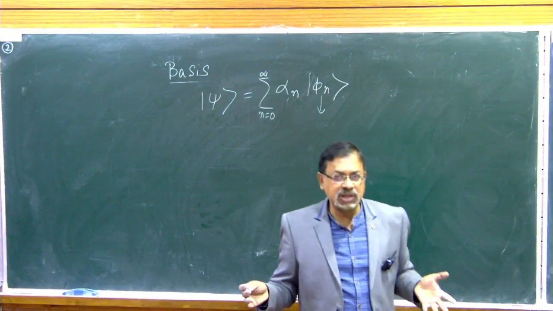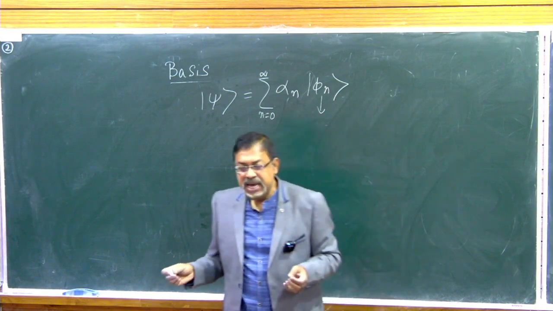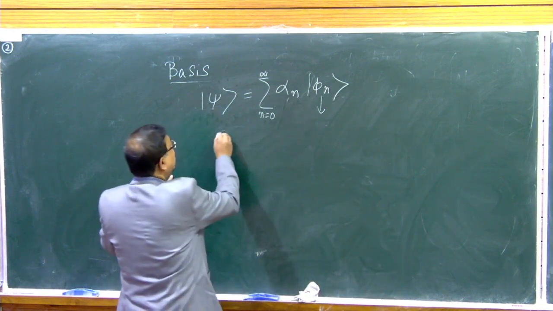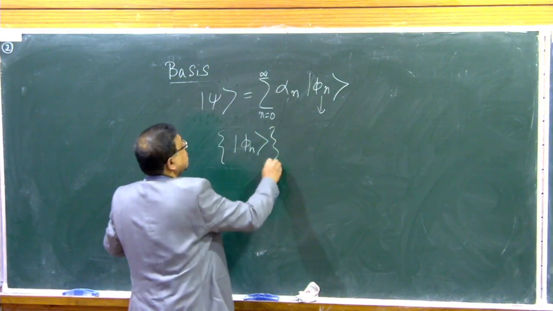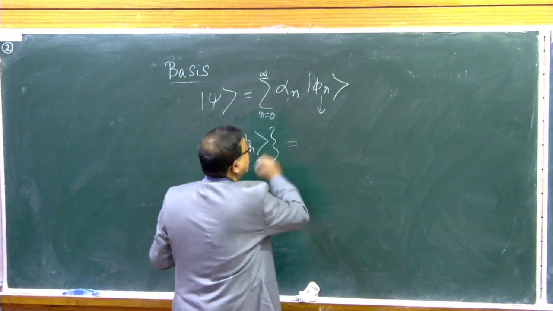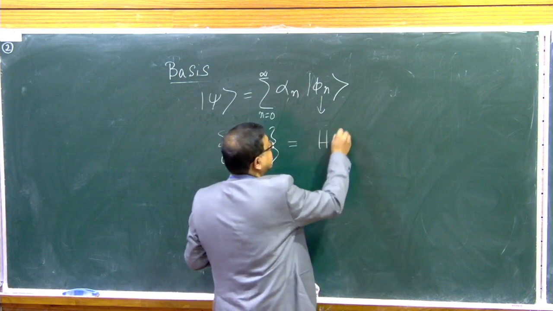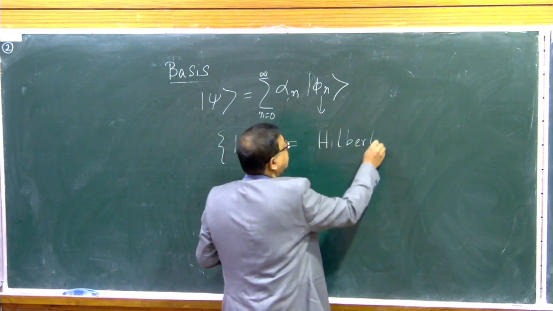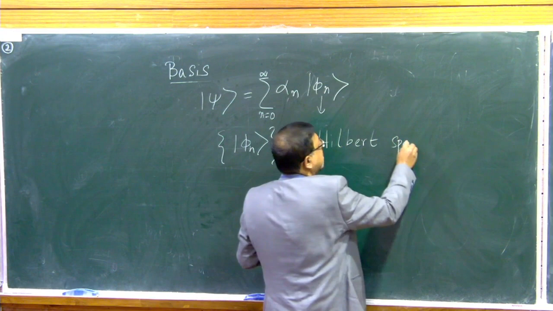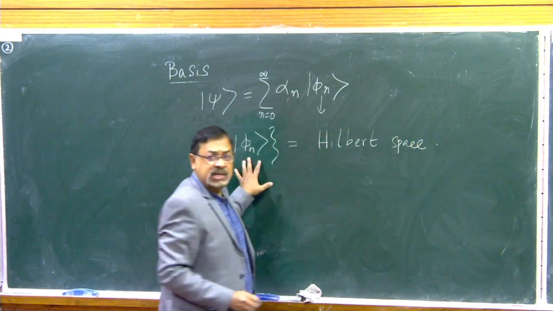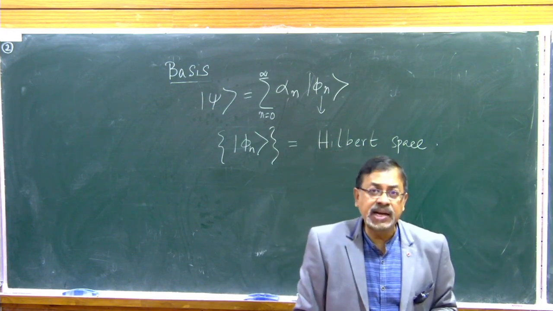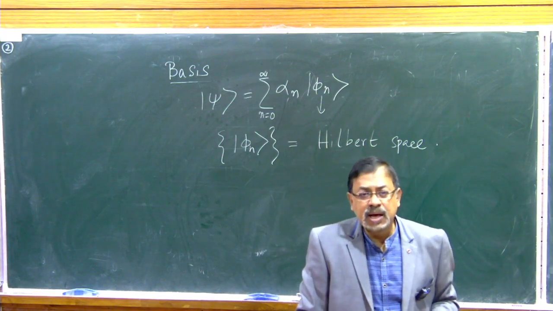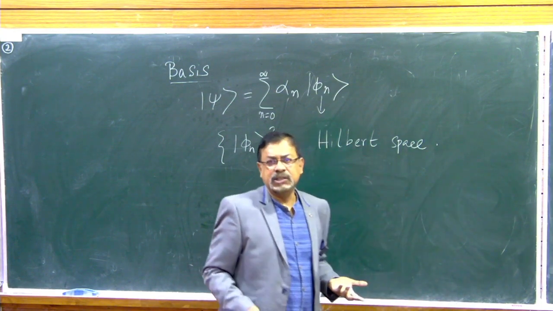Then these basis functions form a set which is called the Hilbert space. This is the name of a mathematician, and so if it is infinite, it's called Hilbert space. If it is finite, just like the cat's example, it is just called a linear vector space.